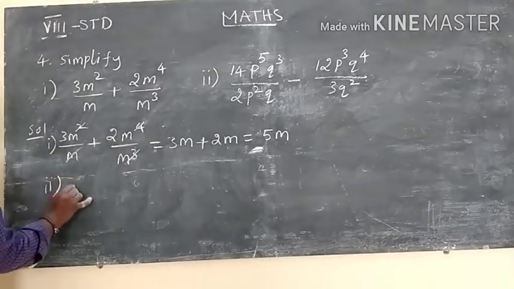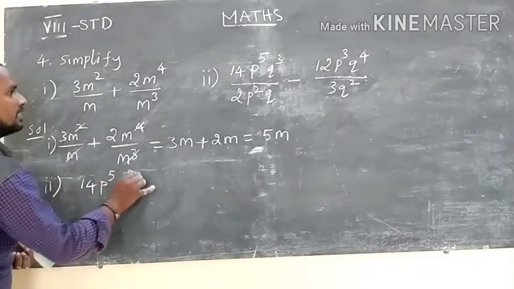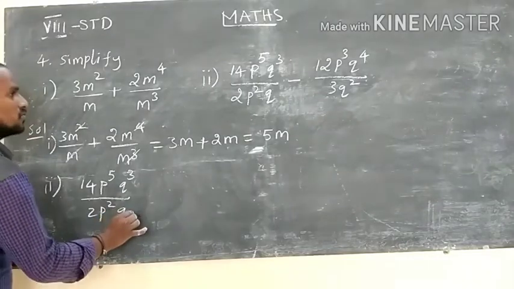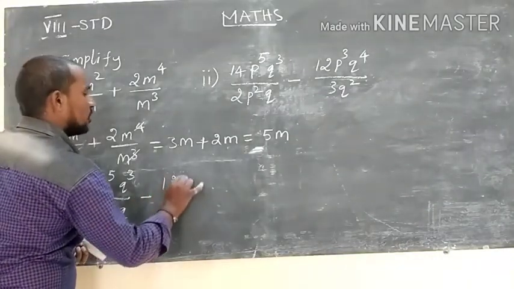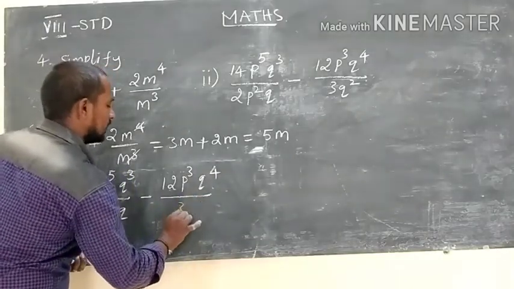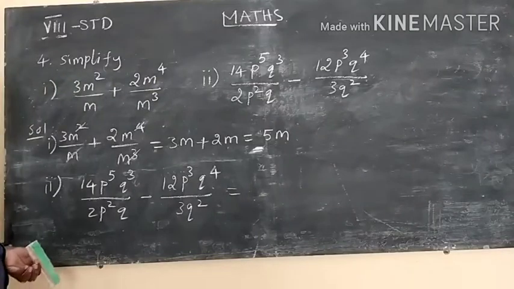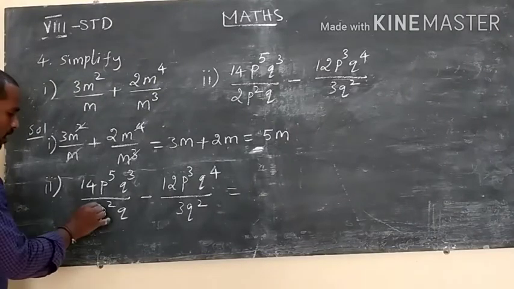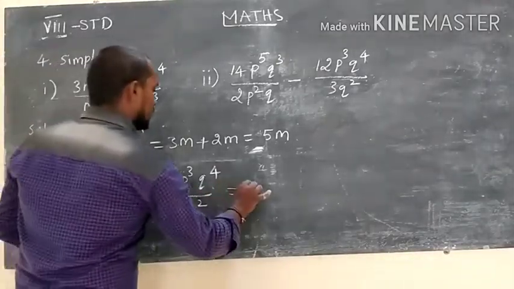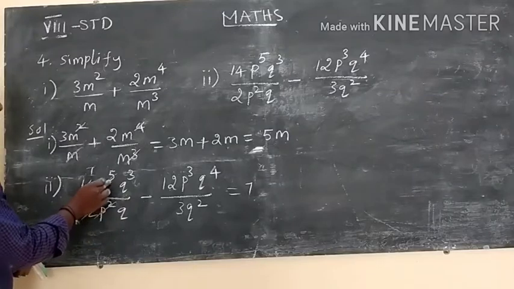Next, the second one: 14p power 5 q power 3 divided by 2p square q, minus 12p cube q power 4 divided by 3q square. In the same manner as the previous question, 1 2 is 2, 7 2s are 14, so the numerical term is 7. Then p square is cancelled, remaining p power 3.